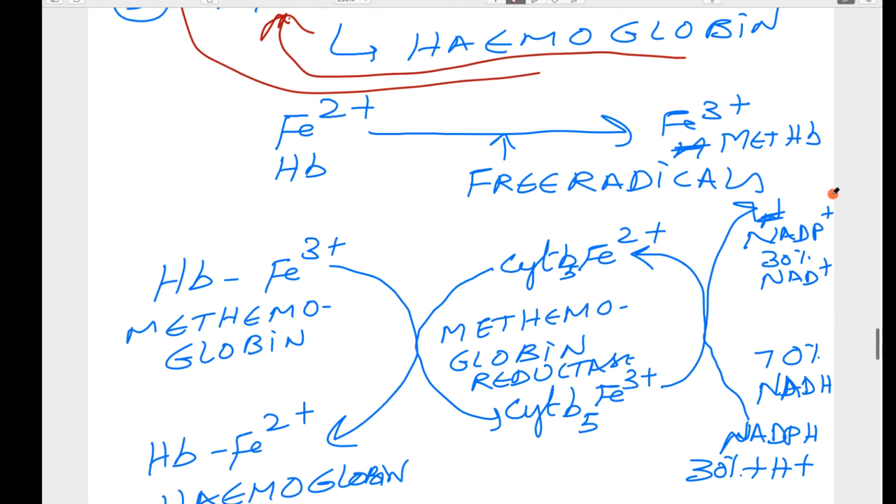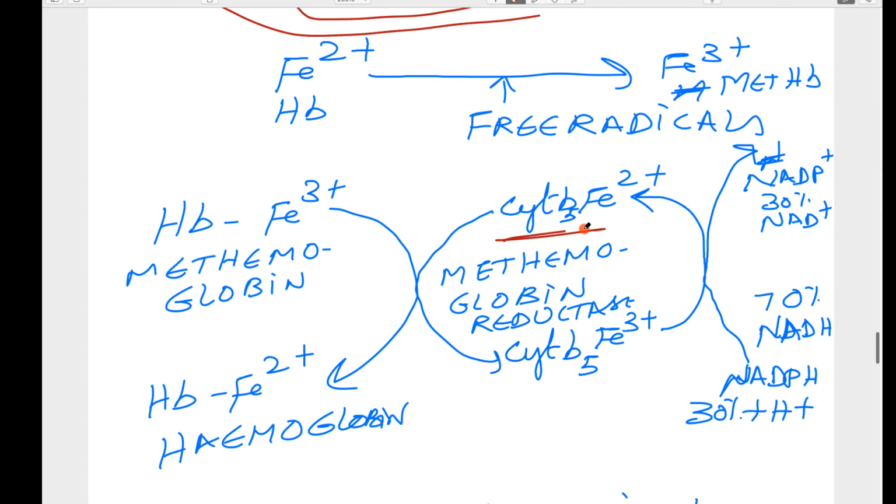Here there is an enzyme system, cytochrome B5, the cytochrome B5 containing enzyme system, that is methemoglobin reductase. It can be present as Fe2+ and Fe3+.